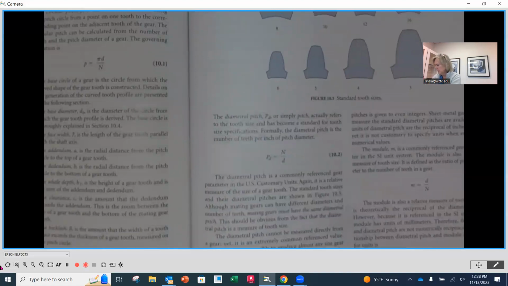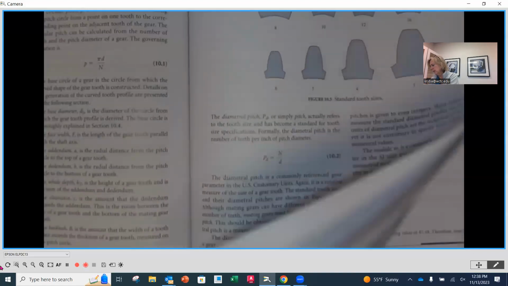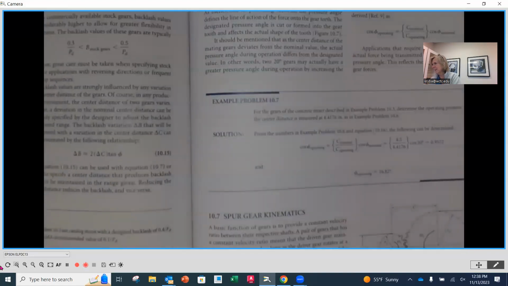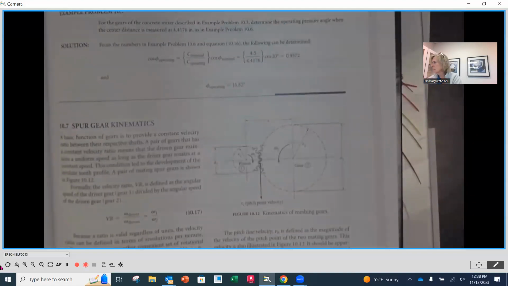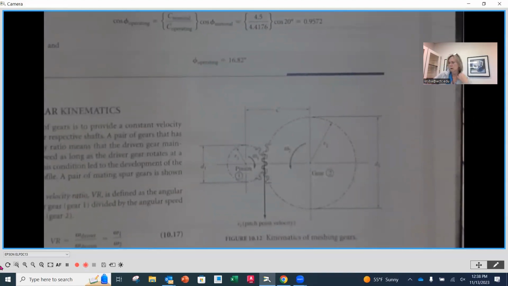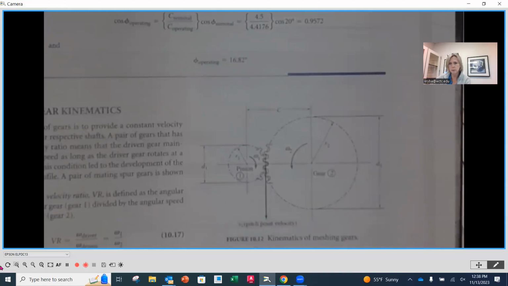I think it's a couple of pages. Okay, here we go. On page 273, this is just so that we can see two gears that are in mesh with one another. On the left-hand side, this is figure 10-12, we have a smaller pinion gear.